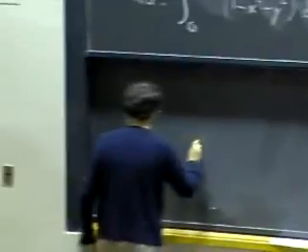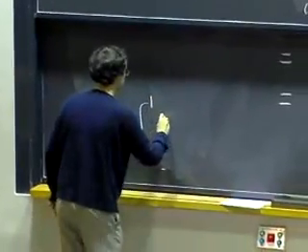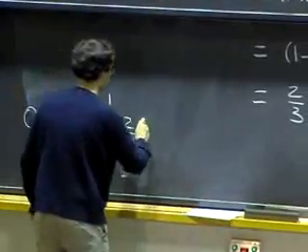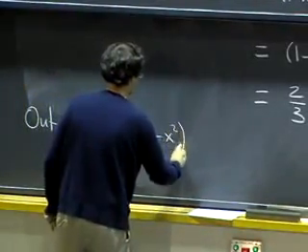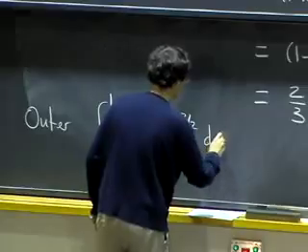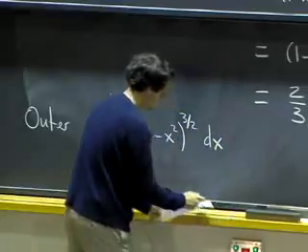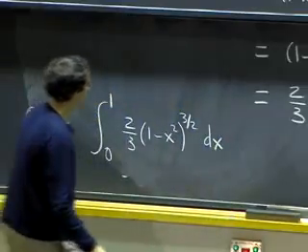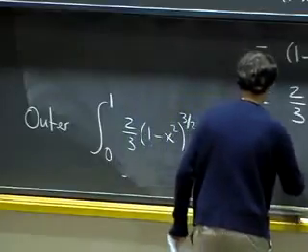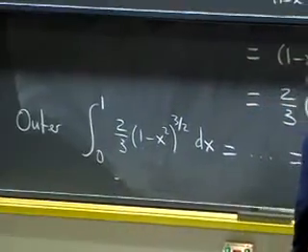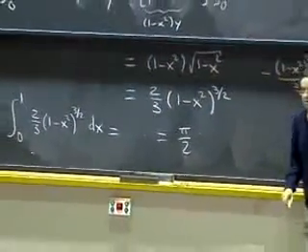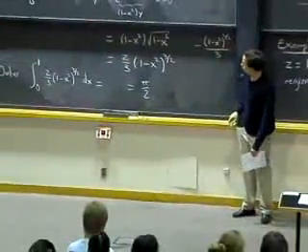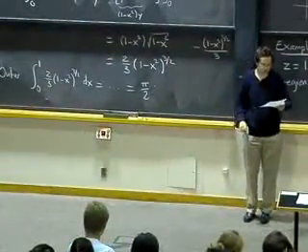The outer integral is the integral from 0 to 1 of 2/3 of 1 minus x squared to the 3 halves dx. And I'll let you see if you remember single variable integrals by trying to figure out how this actually comes out to be.